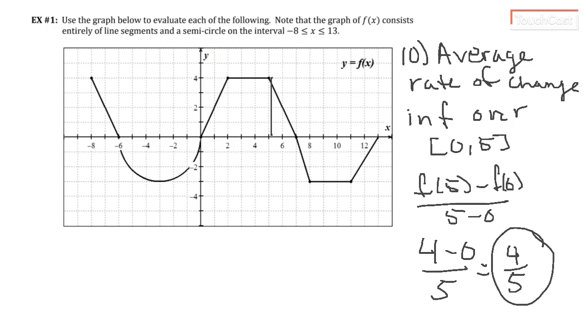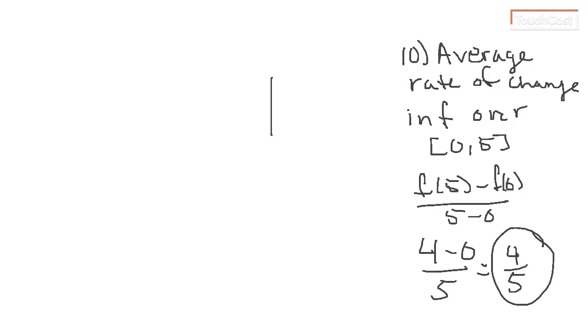Now the very last thing we're going to do in this video before we move on is we're going to look at question 11 on this page with example 1.